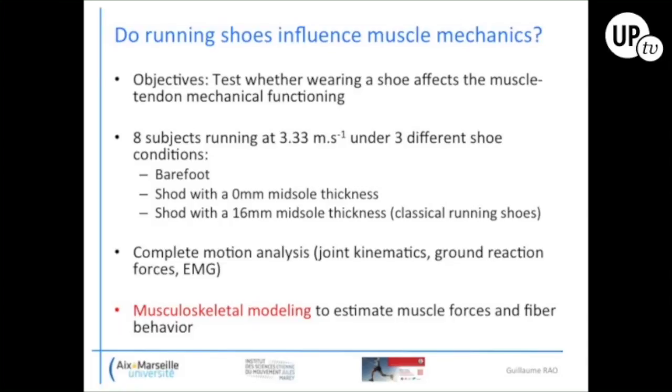Complete motion analysis was performed on the subjects, measuring joint kinematics, ground reaction forces, as well as EMG data of the whole lower limb. Once we got all the data, we used them as input to a musculoskeletal model to estimate both muscle forces as well as fiber behavior.